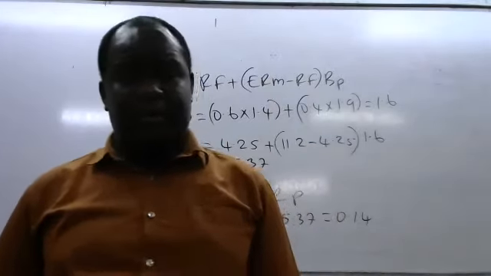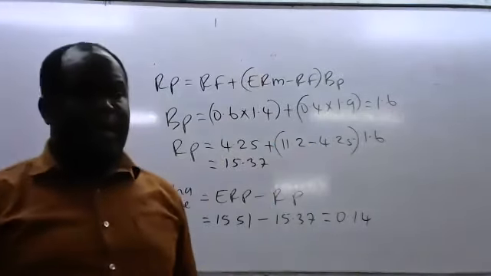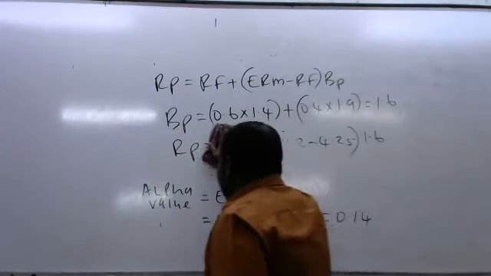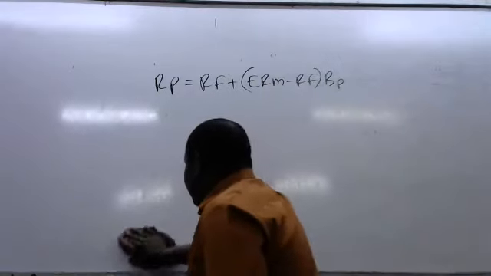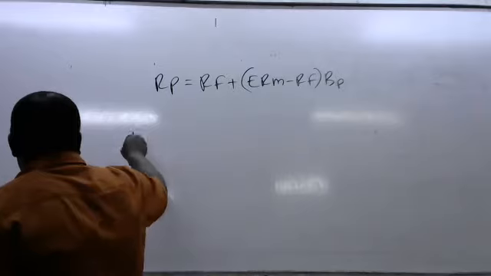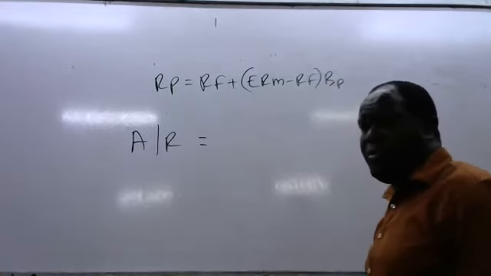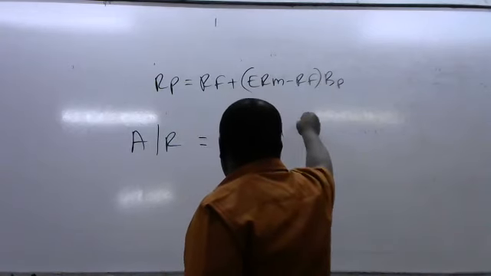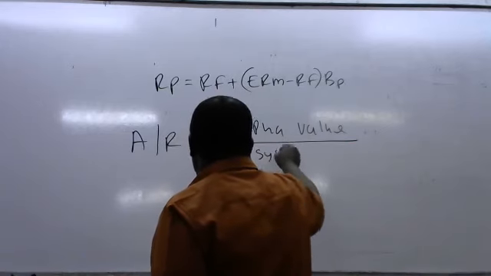Let me continue by noting that it is computed as follows. So, to compute the appraisal ratio will be equal to the alpha value, then we divide by unsystematic risk.